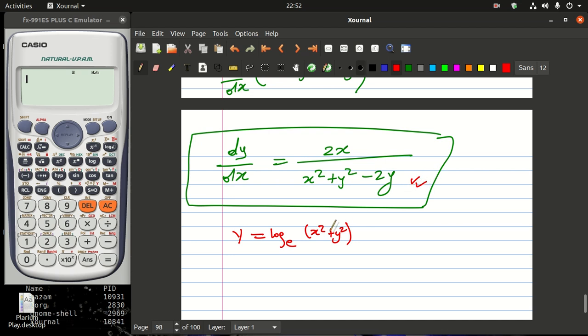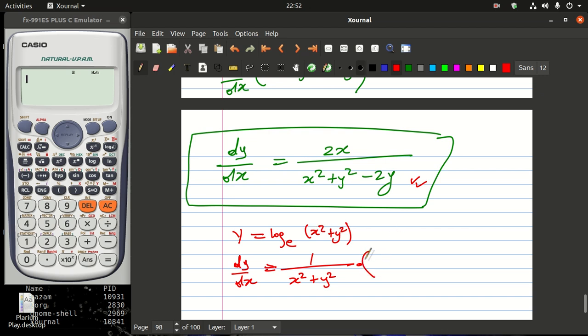Just a quick recap: you take the derivative of that, which is dy/dx, and then you take the derivative of this. You know that because this is ln, so ln is going to be 1 over whatever is inside there, which is x squared plus y squared, and then you take the derivative of the inside.